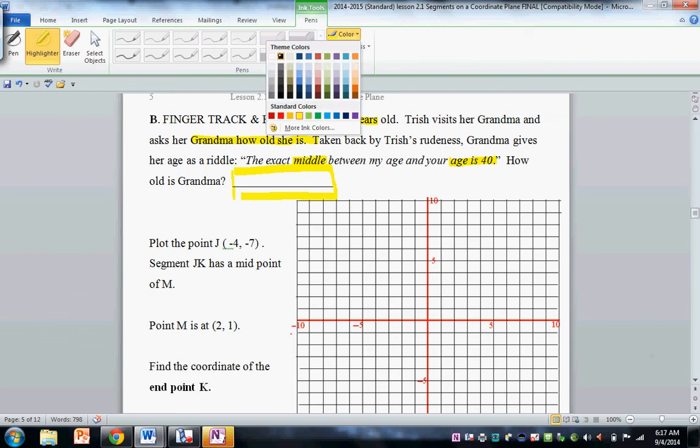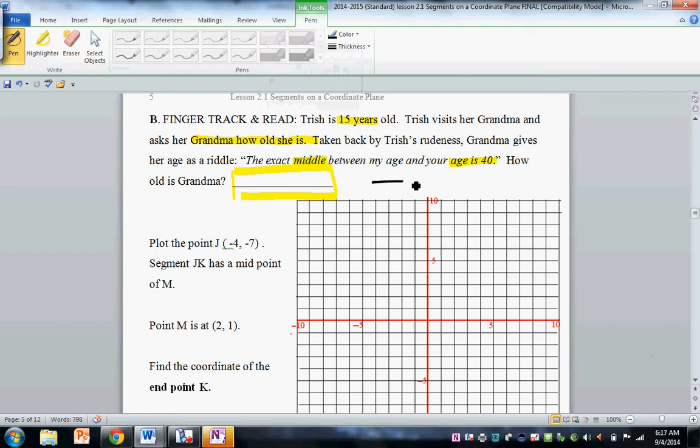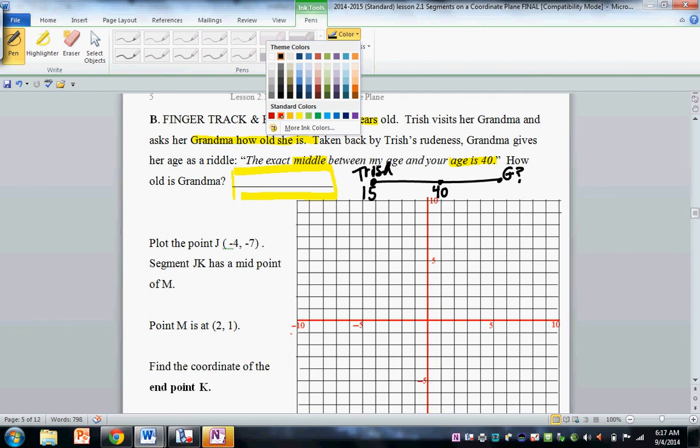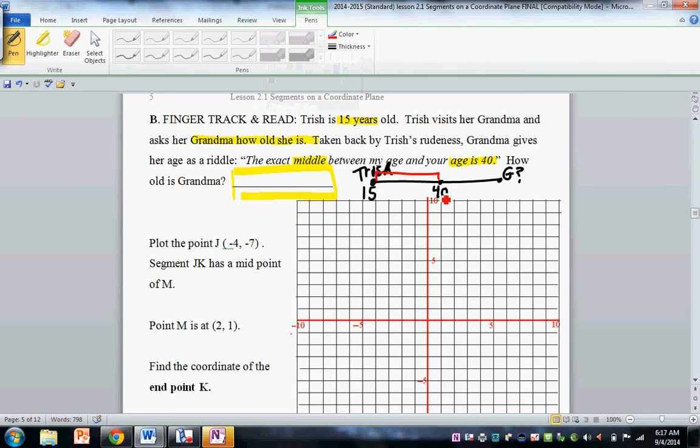Okay, let me give you a visual for that real quick. So here we have Trish. Trish is at 15 years old. This is unknown grandma age. The exact middle is 40. If you were thinking, you find the difference between 15 and 40 is 25.